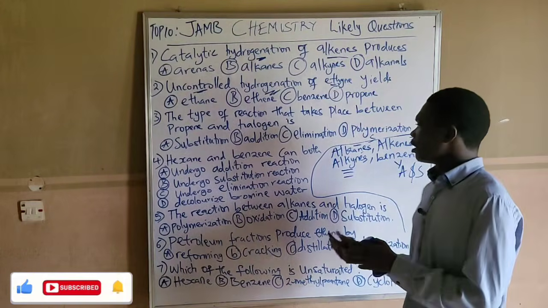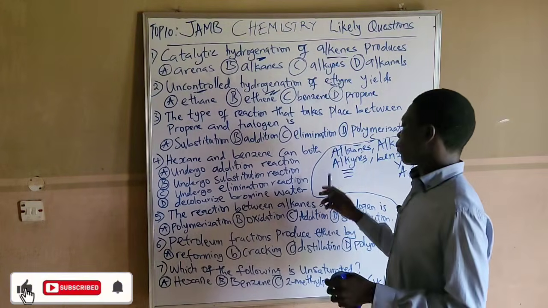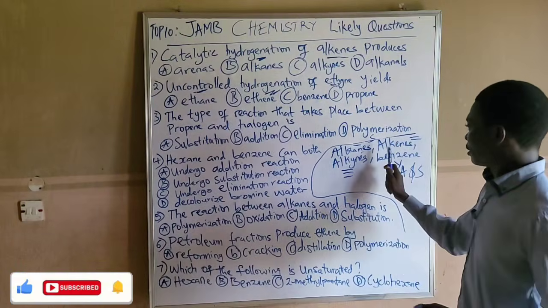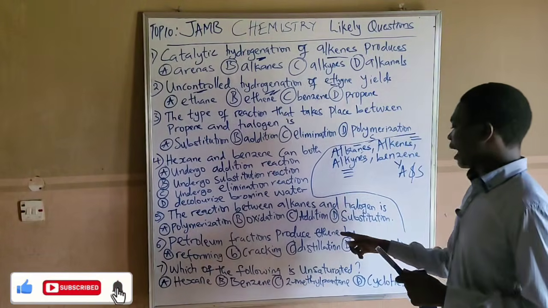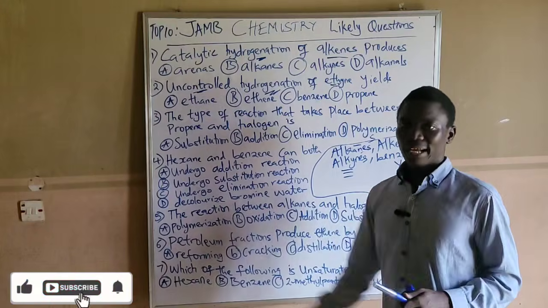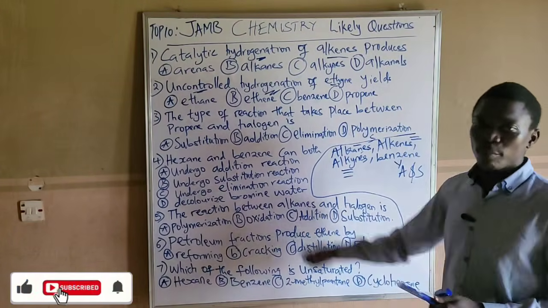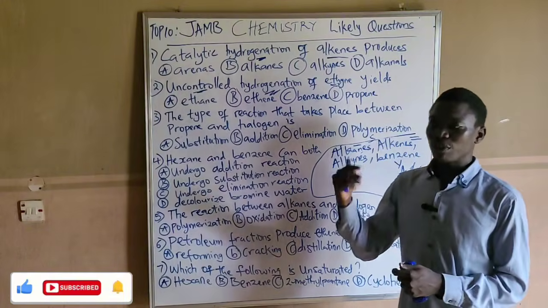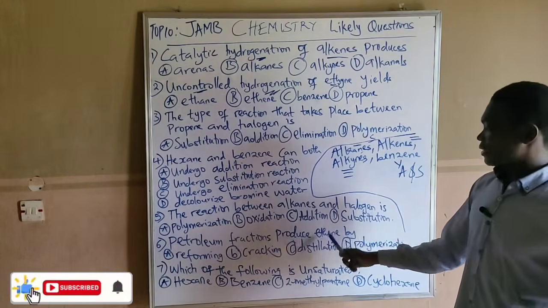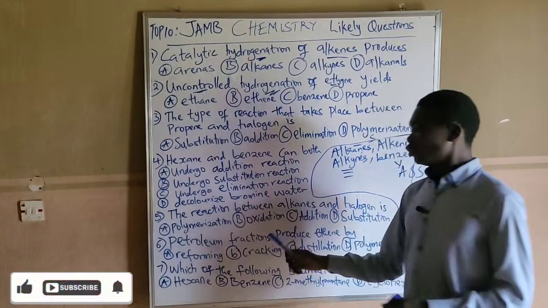But ethene cannot be gotten directly like that. You get ethene by cracking the alkane products you have. You know what it means to crack? We can get ethene by cracking, not reforming.